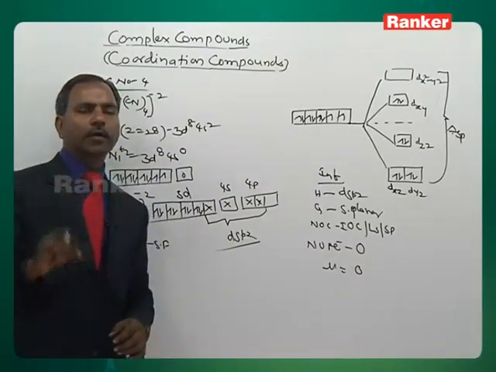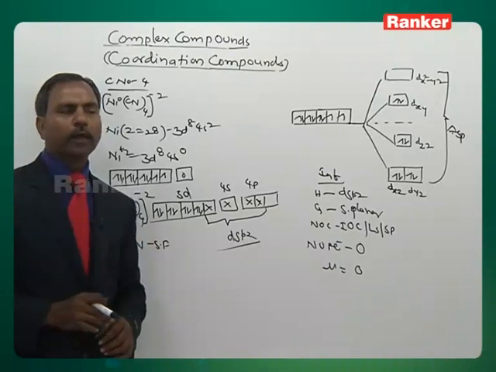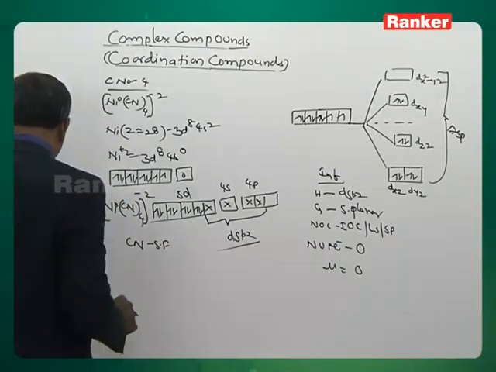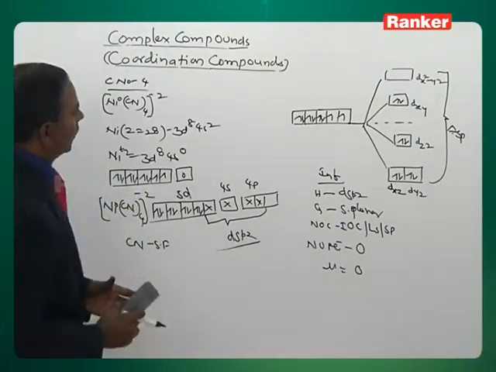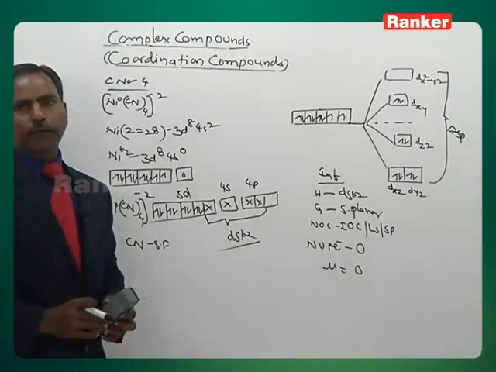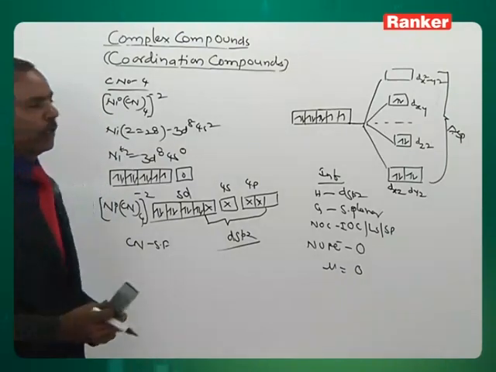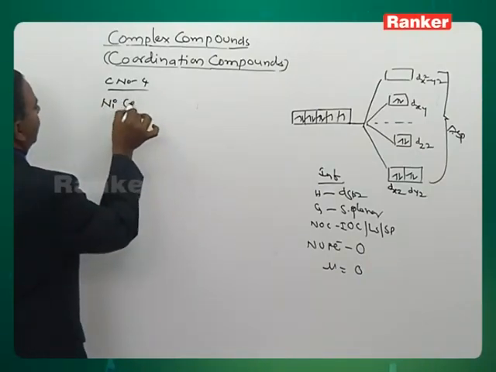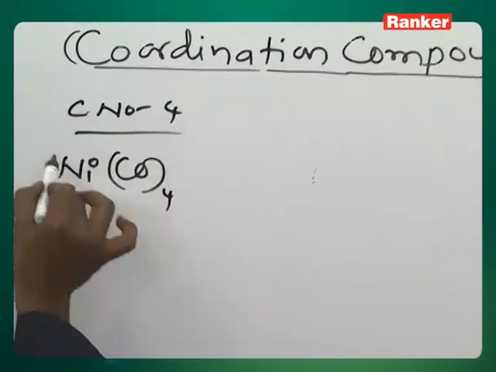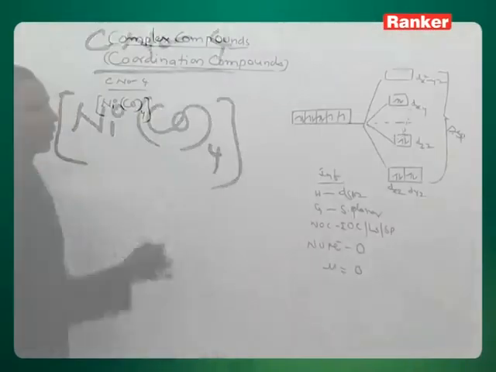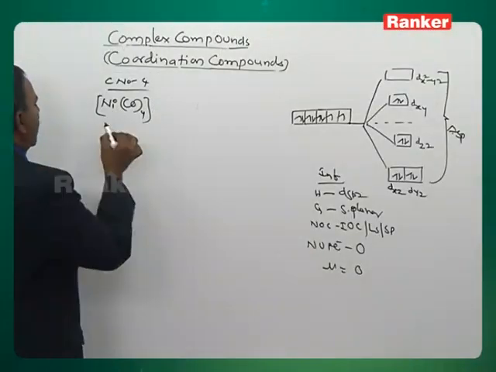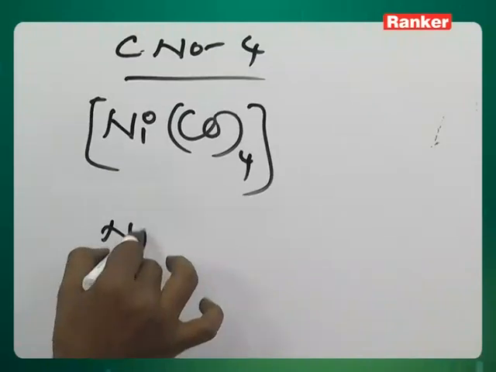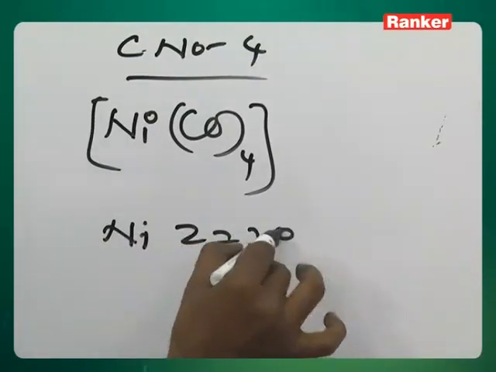One is nickel tetrachloride, second one is nickel tetracyanide. Let me discuss one more, nickel tetracarbonyl, and how it works. In the coordination number 4 nickel tetracarbonyl, the nickel oxidation number is 0. So for nickel again, let me put the same steps.